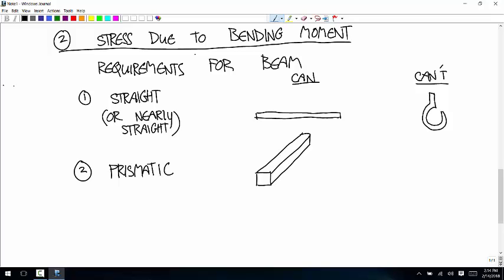What we couldn't do is something like this, where as you go along the beam, the cross-sectional shape changes, or the cross-sectional side length changes.